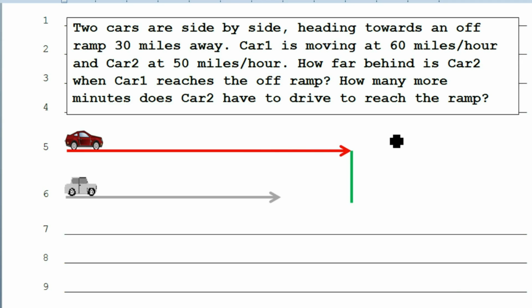Okay, so we know V1, car 1, is going 60 miles an hour. And V2 is going 50 miles an hour. And car 1 reaches first, so its distance is 30 miles. And we don't know the time.